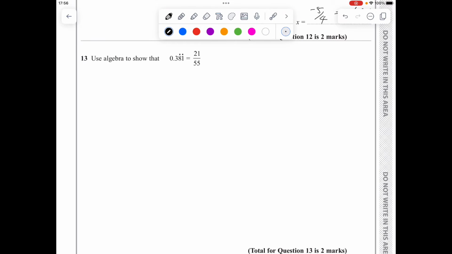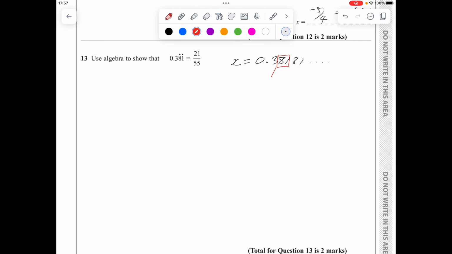For question 13, let x be equal to 0.38181 and so on. So we are repeating the 81. Note that you can move the decimal to where this pattern begins by 1 decimal place.